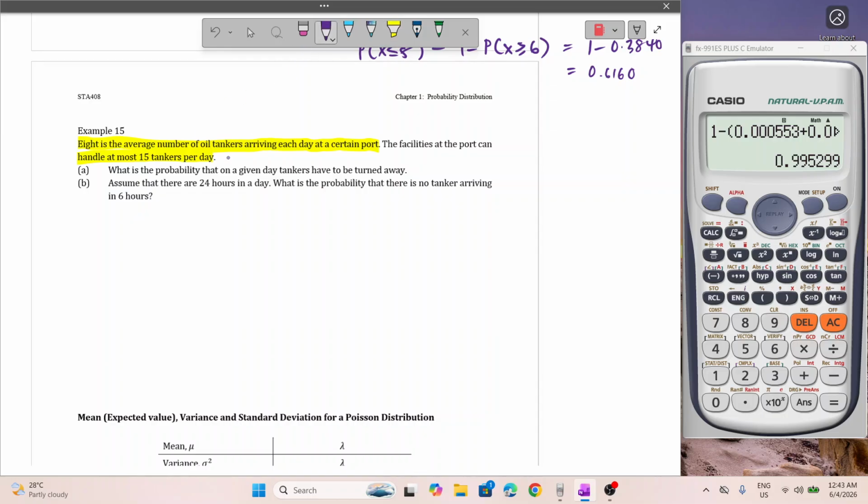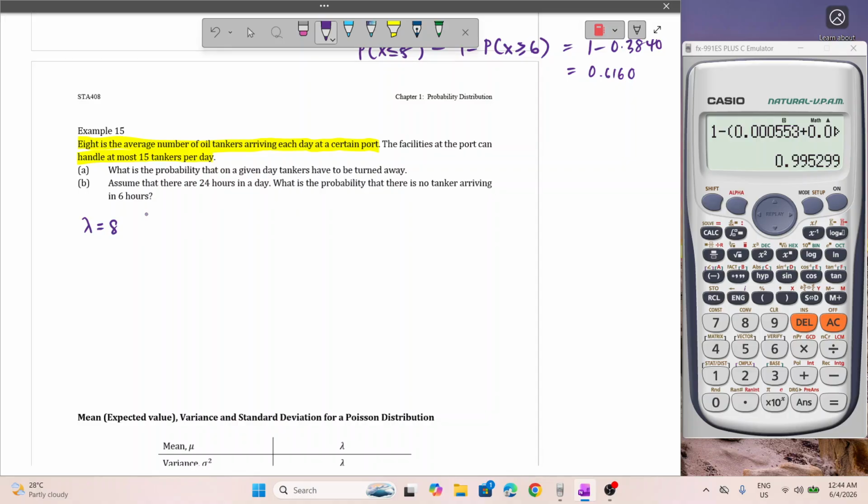So in this example, we know that the lambda value is equal to 8, the average number of all tankers arriving each day at a certain port. Additional information is also given, where it is stated that the port can handle at most 15 tankers per day.